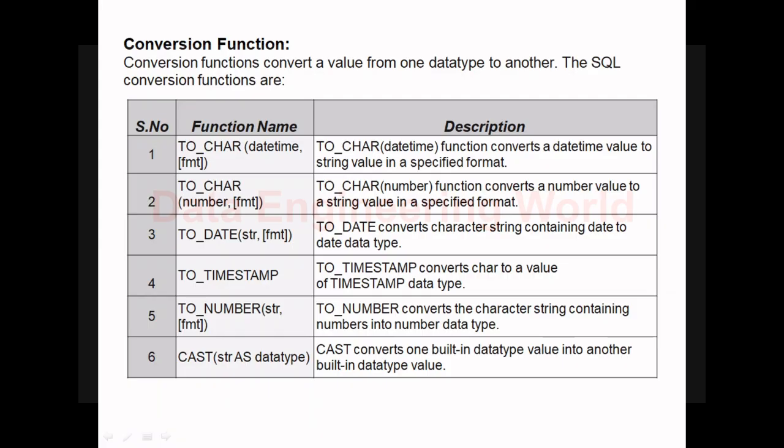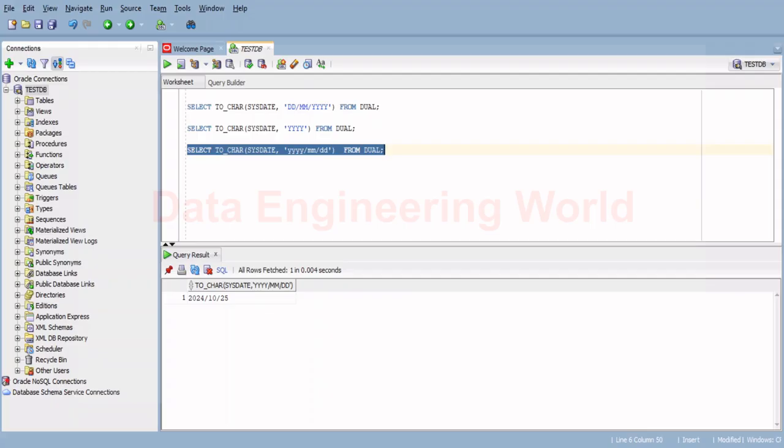Just to remind you again, ToChar function can also convert a number into a string data type. So now let's move on and try to convert some numbers to a string data type using ToChar function.